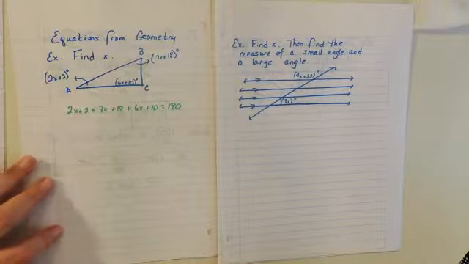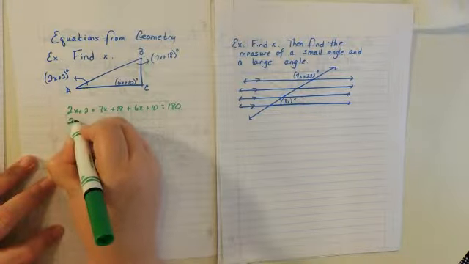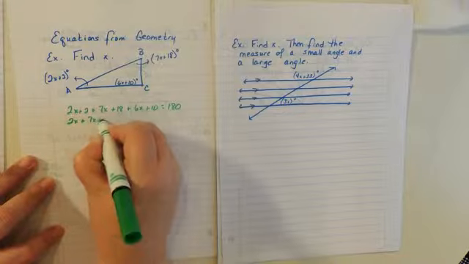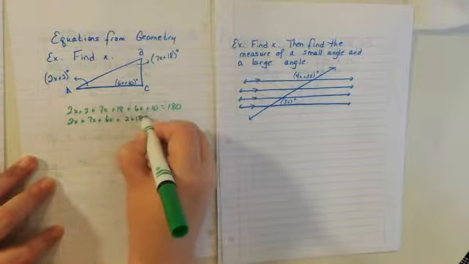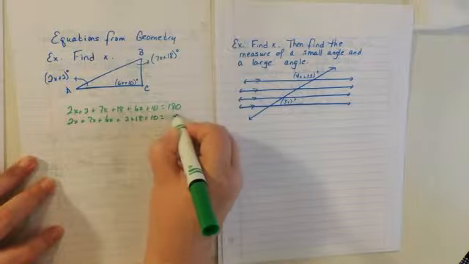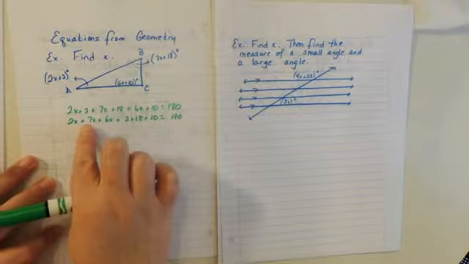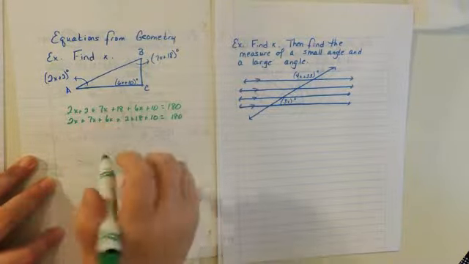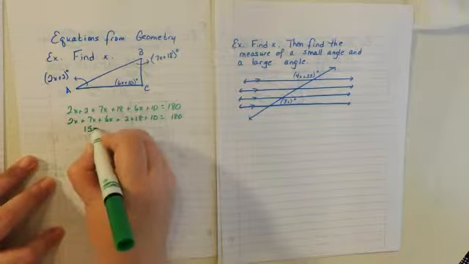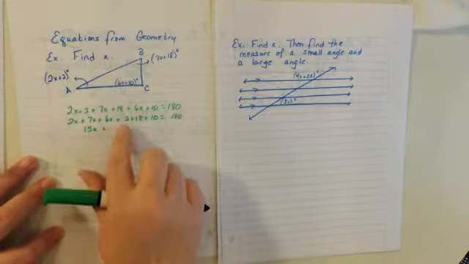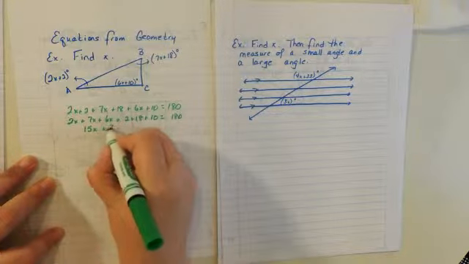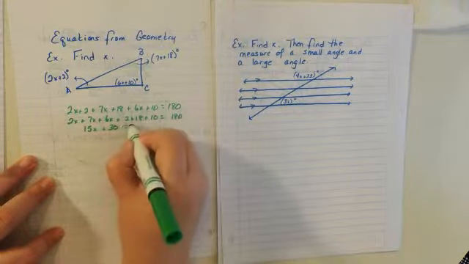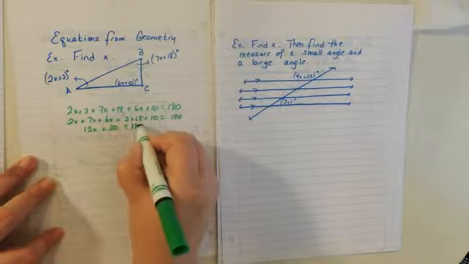All right, let's put our like terms together. We have 2x plus 7x plus 6x plus 2 plus 18 plus 10 equals 180. 2 plus 7 plus 6 is 15x, plus 2 plus 18 plus 10 is 30, equals 180.